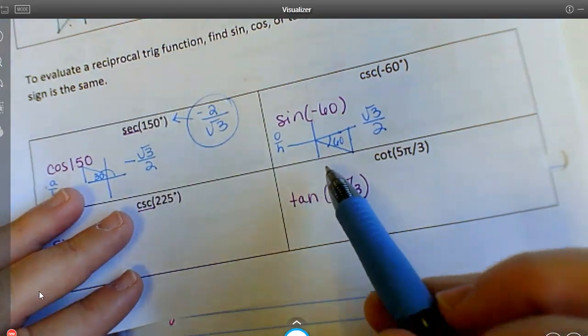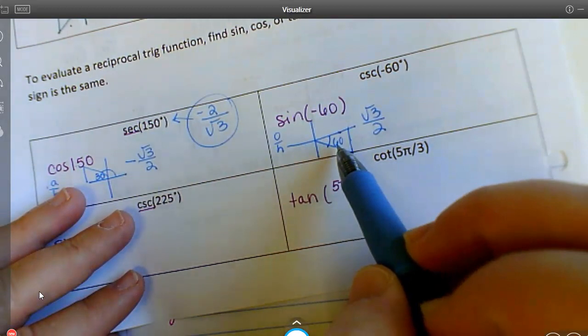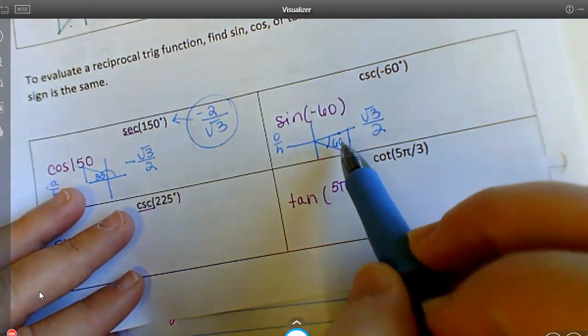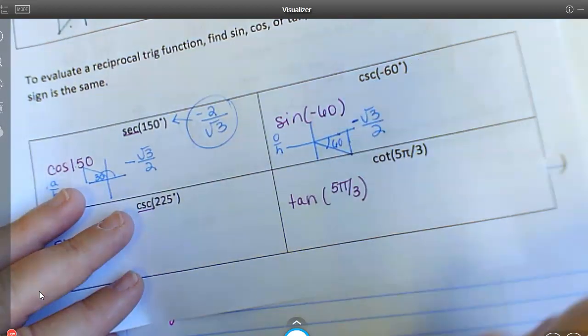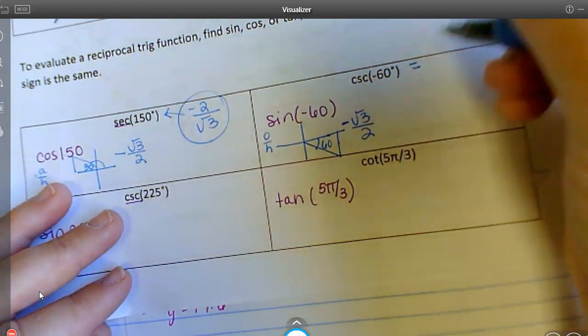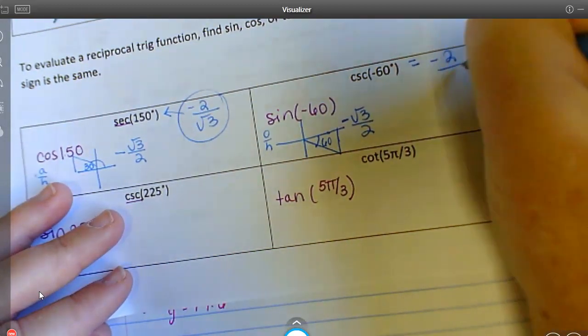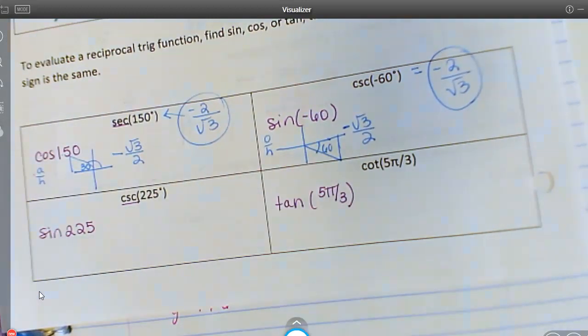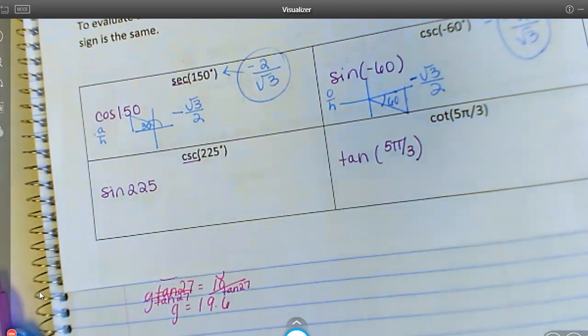Okay, think about ASTC again. Is it positive or negative? Negative, because it's in the C quadrant, meaning cosine is positive. And then to find cosecant, then I would just flip that. Look, I got the same answers for 2 totally different places, 2 different reference angles. That's okay to happen. Okay, next.